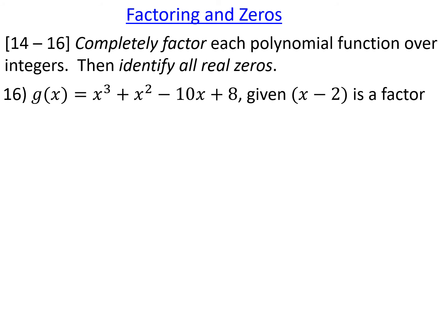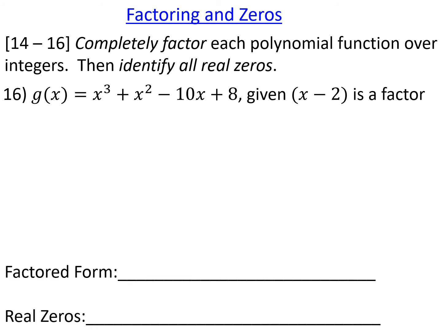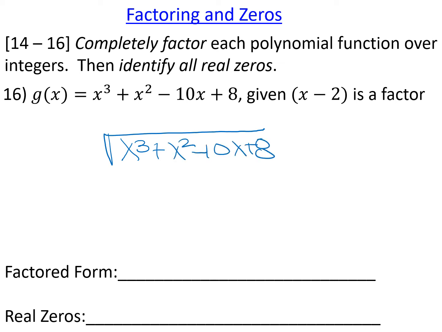Factoring. This one's going to be long division. Okay, this one I have to make sure I make enough room here. So I have to write smaller, I think. Okay, x cubed plus x squared minus 10x plus 8 goes here. The divisor goes out here.